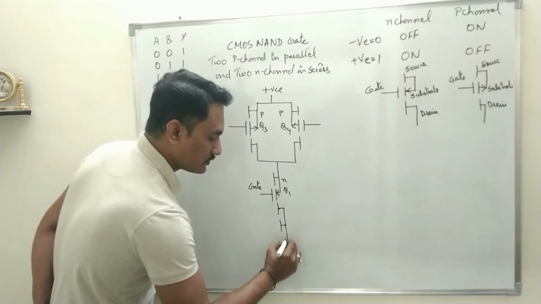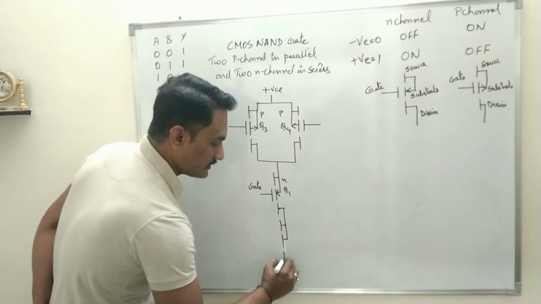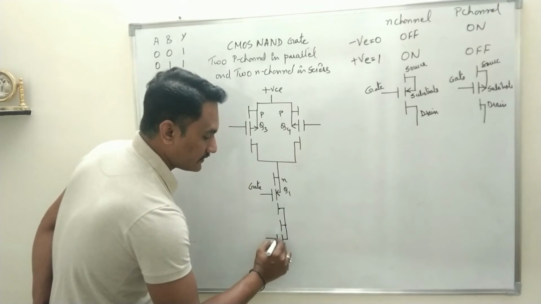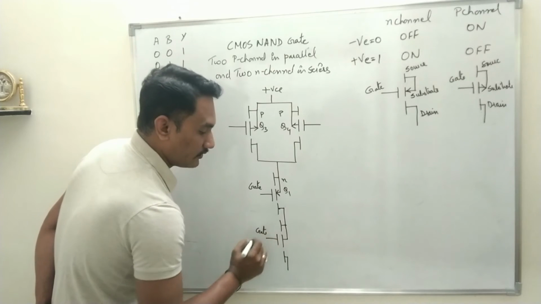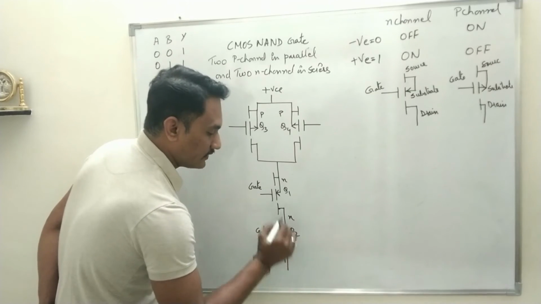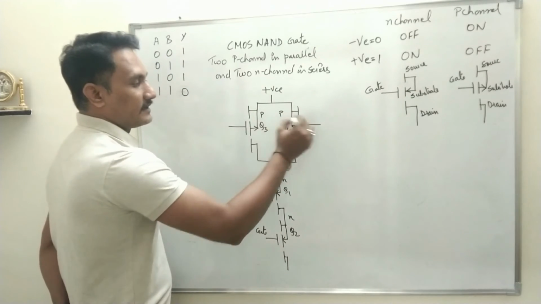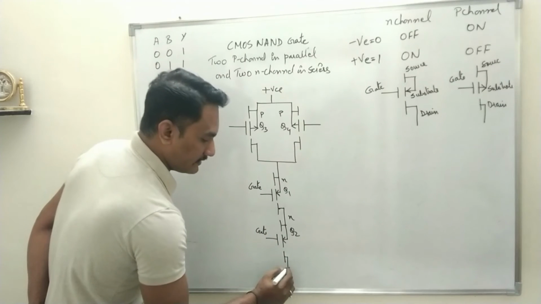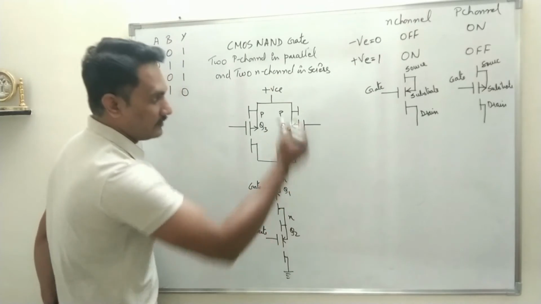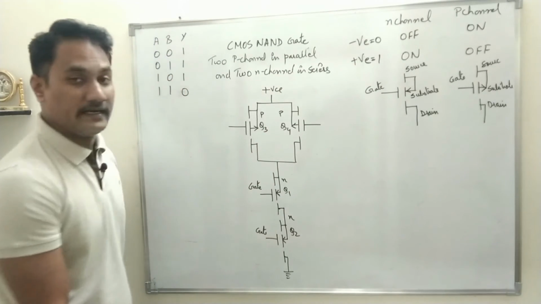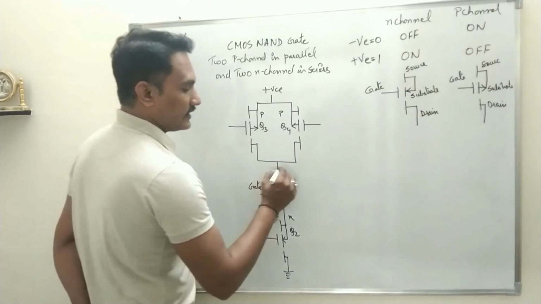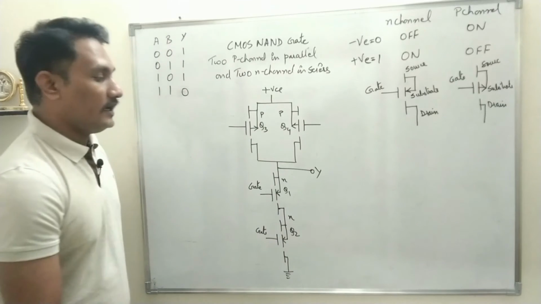So source internally connected to substrate, below the substrate the drain, and in front of the substrate there will be the gate terminal. Again this is Q2, this is again N channel, so the arrow mark will be inward. So two P channel connected in parallel, two N channel connected in series, and this entire thing will be connected between a positive supply and ground, and you have to take the output between the two P channel and two N channel. So this is the point where you will take the output.